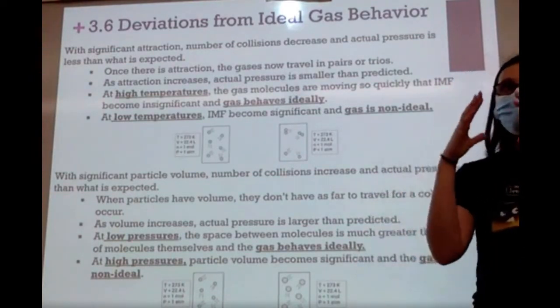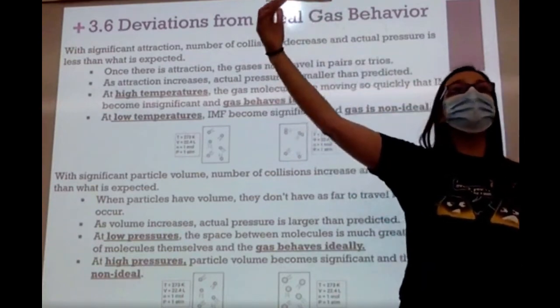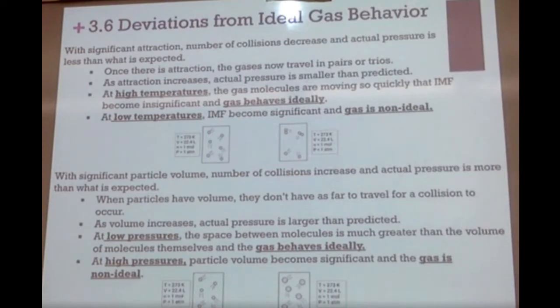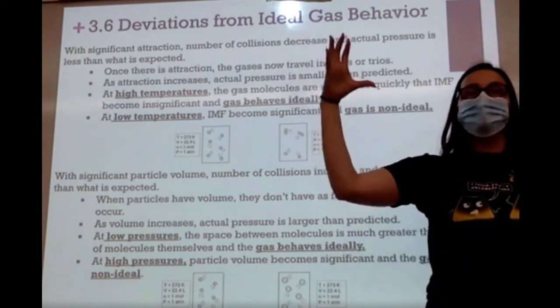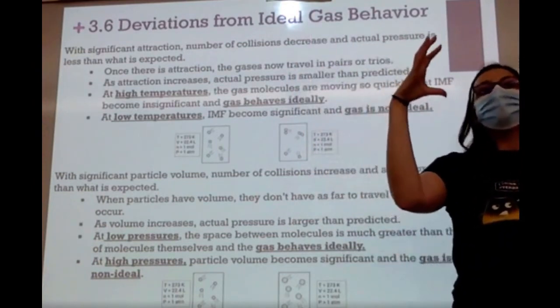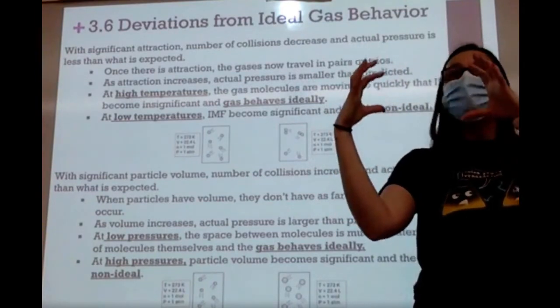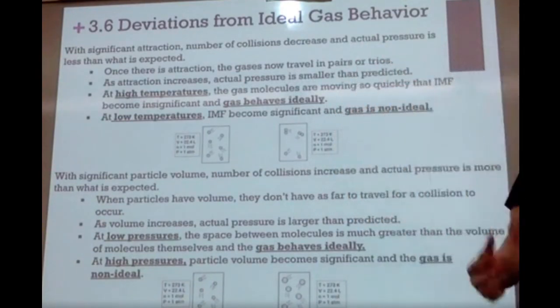At low pressures, when the container volume is large, there's lots of space between the gas molecules, and so the gas will behave as an ideal gas. However, at high pressures, so if we shrink the container volume down, well, now the particle volume is significant. We have to take that into account, and the gas is non-ideal.